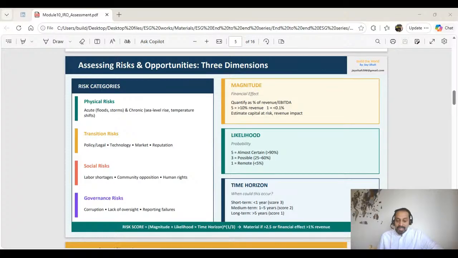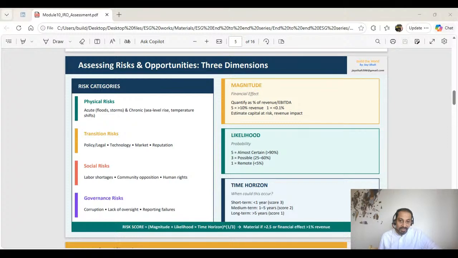In practice, many organizations struggle to quantify this financial effect at this stage. If you are part of this series and learning this IRO assessment, you will be a pro in this, especially for longer horizon risk. You can start with qualitative scoring first if you cannot do quantitative, with words like catastrophic, major, moderate, minor, negligible. But I would strongly encourage you to push towards quantification over time, and the frameworks are moving in that direction, IFRS S1 as well as ESRS.